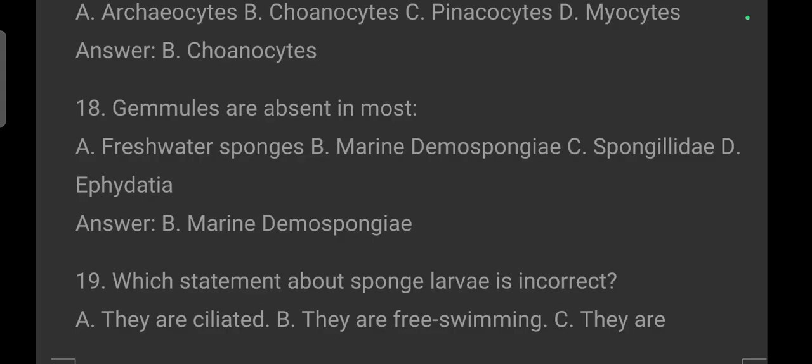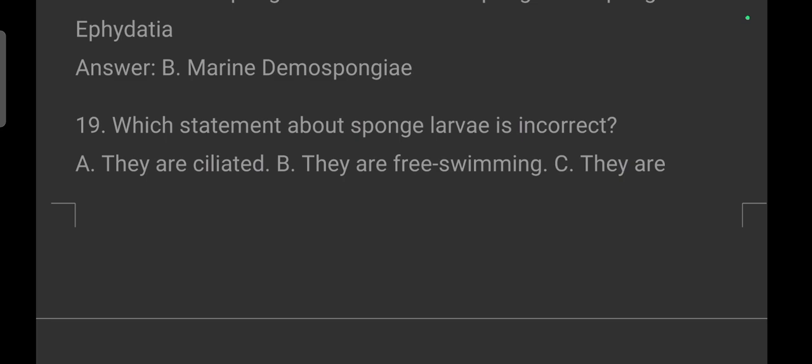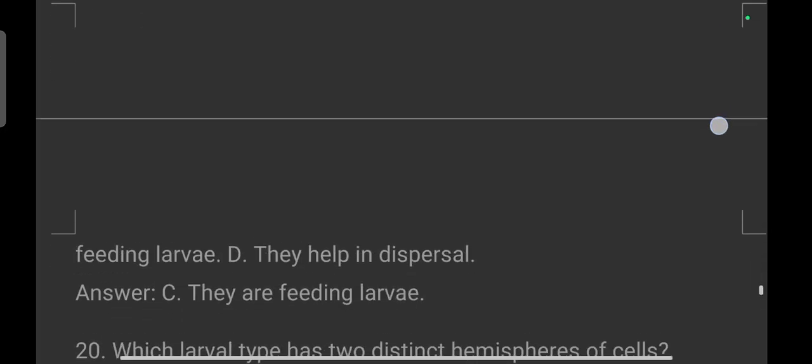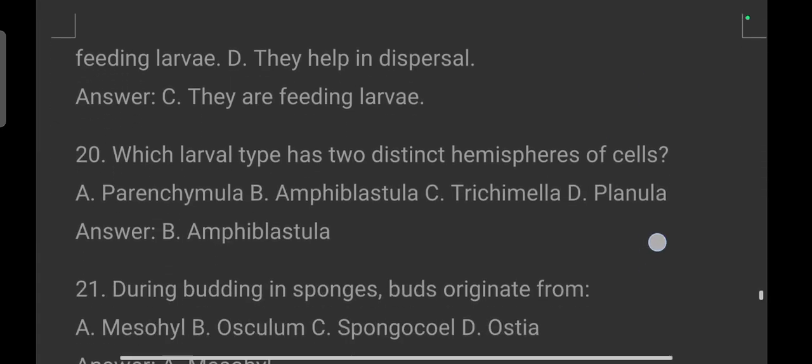Answer is marine Desmospongia. Which statement about sponge larva is incorrect? They are ciliated, they are free swimming, they are feeding larvae, they help in dispersal. Answer is they are feeding larvae.